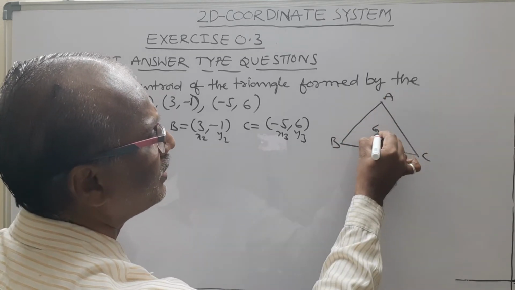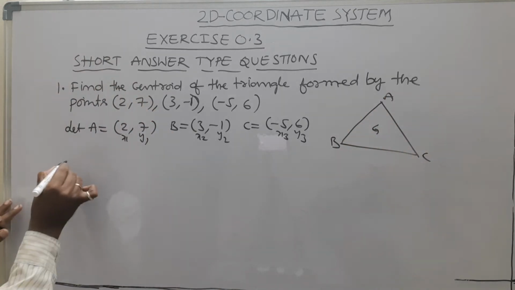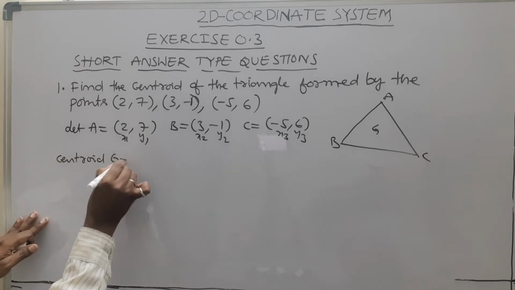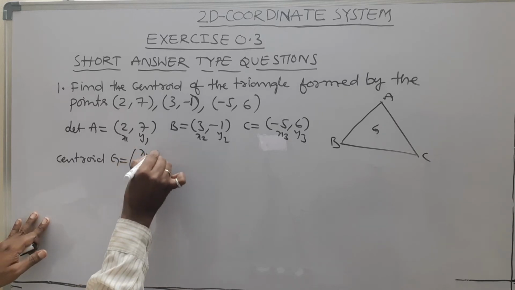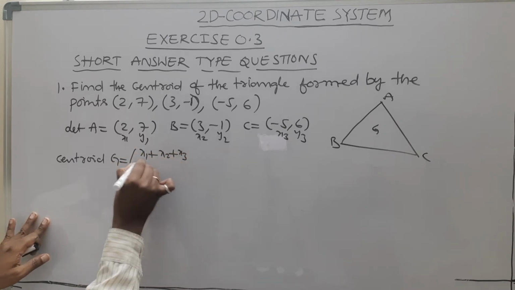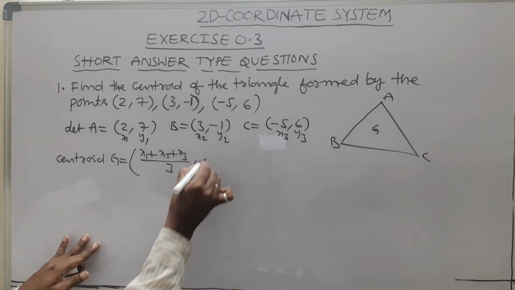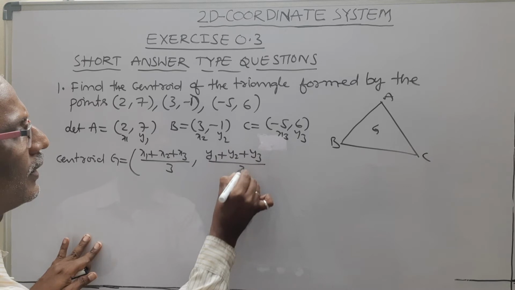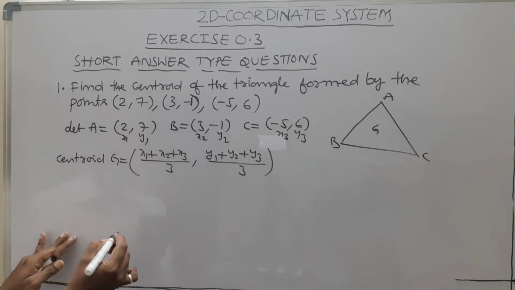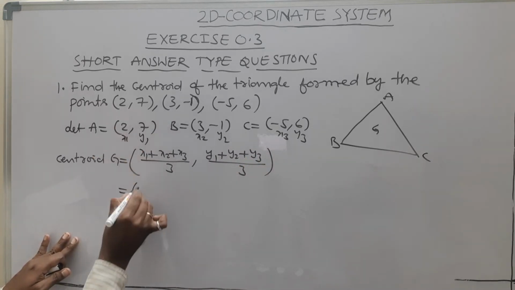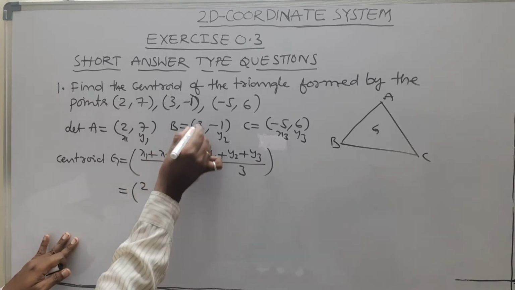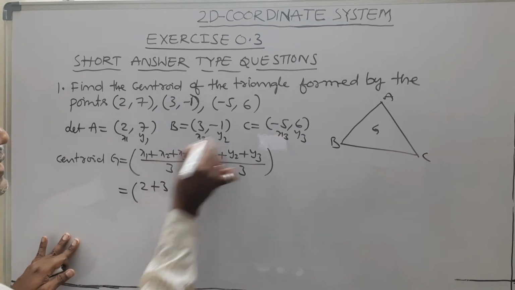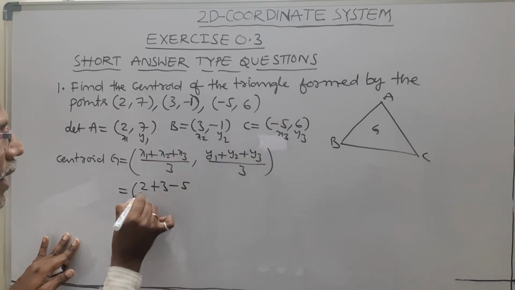To find the centroid G, here is the formula. Centroid G is equal to x1 plus x2 plus x3 by 3, comma, y1 plus y2 plus y3 by 3. Apply the values. x1 is 2, x2 is 3, x3 is -5, by 3.